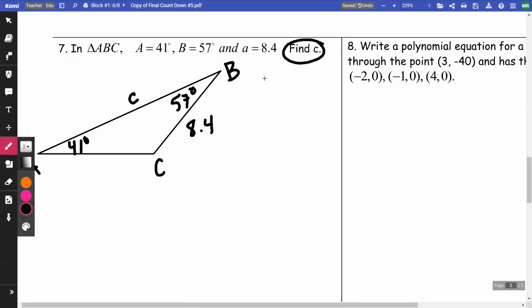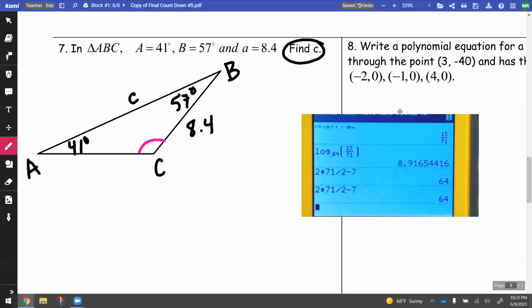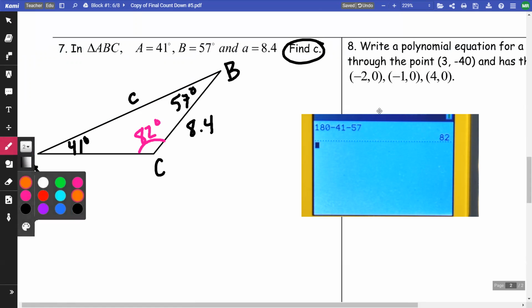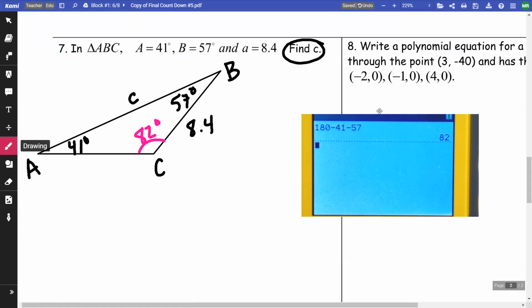So if I know two angles in a triangle, I can always find the third. So to find that, I am going to do 180 minus 41 degrees minus 57 degrees. And I get that this angle is 82 degrees. Okay, so now that I have this angle across from c, and I know this one goes with this one, I can use law of sines.